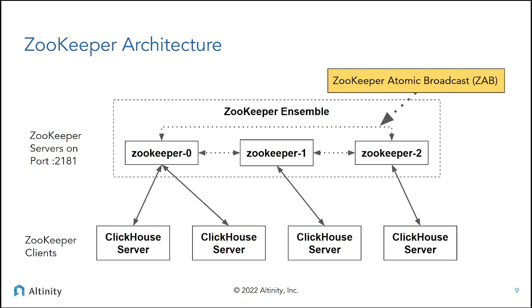We'll look at that in a little bit more detail in just a second. But the basic idea is these nodes work together and they form what's called an ensemble. That's what we call a collection of Zookeeper nodes that are storing information that can then be used by a ClickHouse cluster.